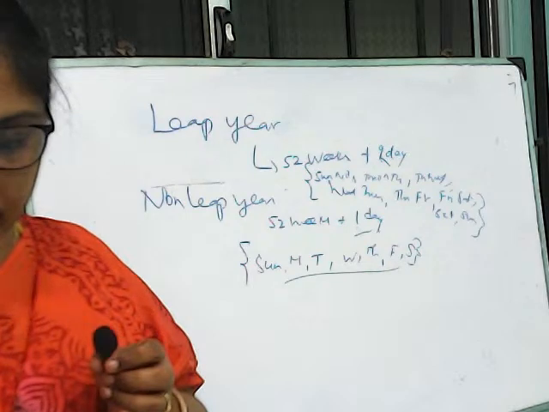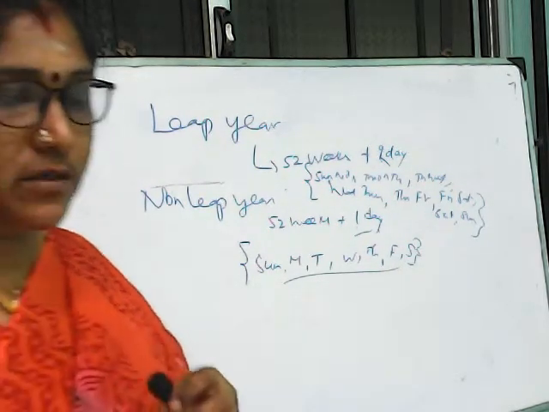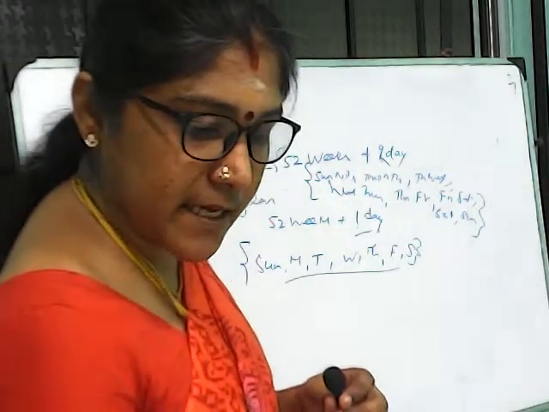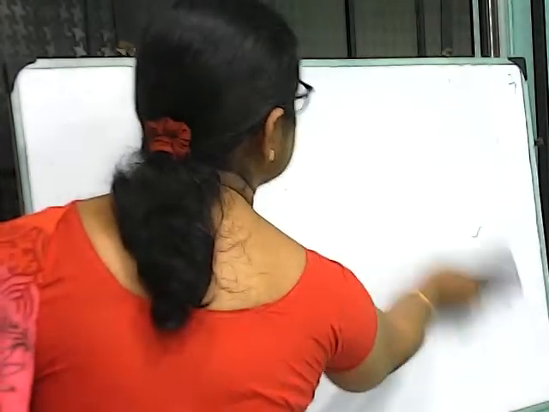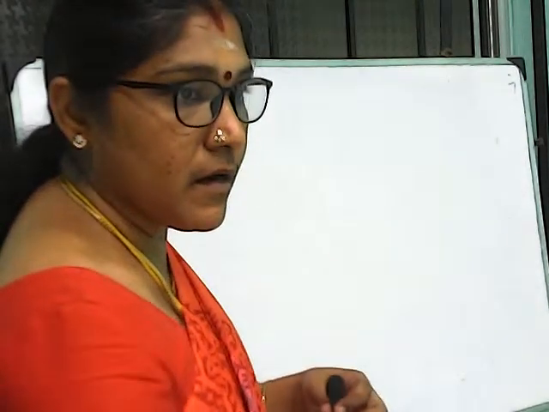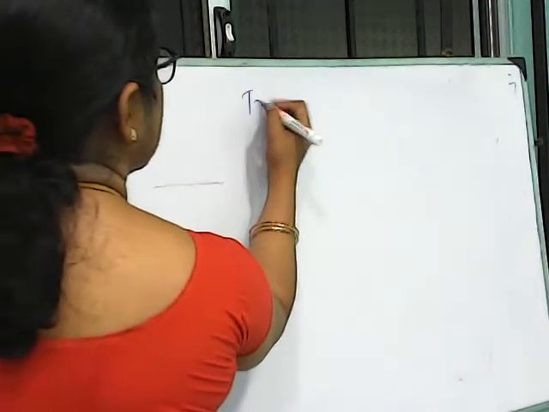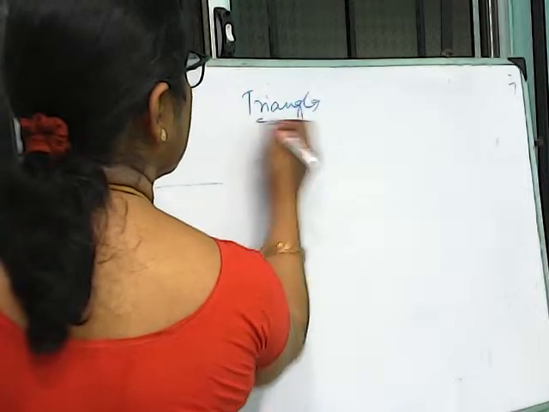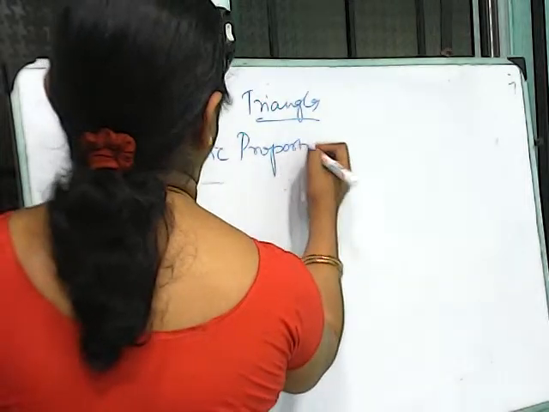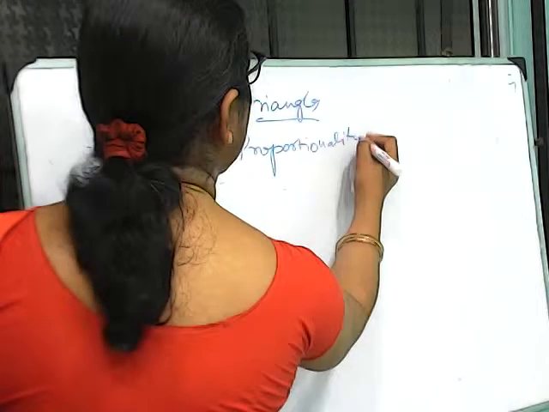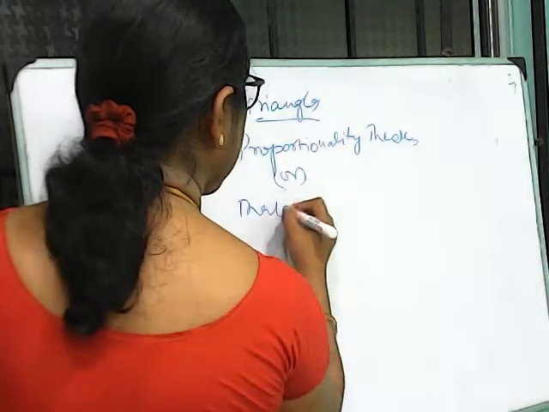So among the chances of getting theorems, we'll go for the tangent chord theorem. First we will finish off the BPT theorem. What is BPT? Basic proportionality theorem. In triangles you have an important theorem called the basic proportionality theorem, or it is also called Thales theorem.